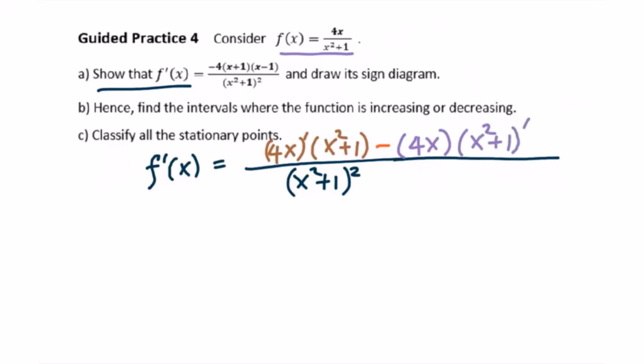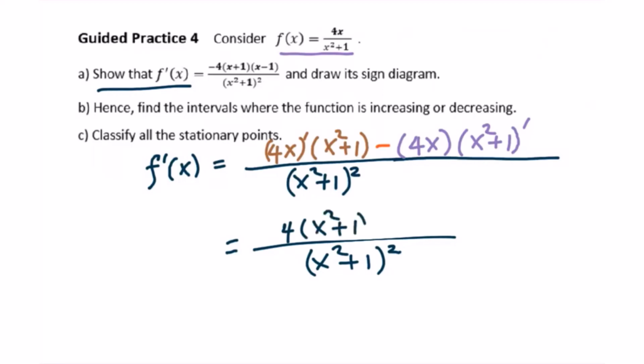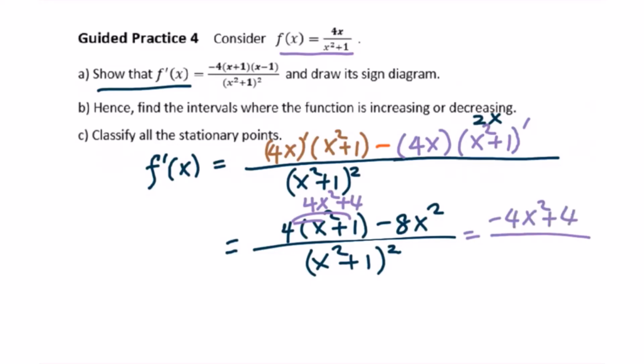You will get the denominator staying x squared plus 1 squared. 4x, that's 4 times x squared plus 1. Derivative for this is 2x, so minus 8x squared. Distributive property, 4x squared plus 4. So you have negative 4x squared plus 4 over x squared plus 1 squared.